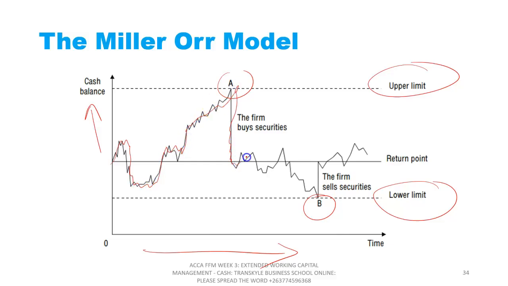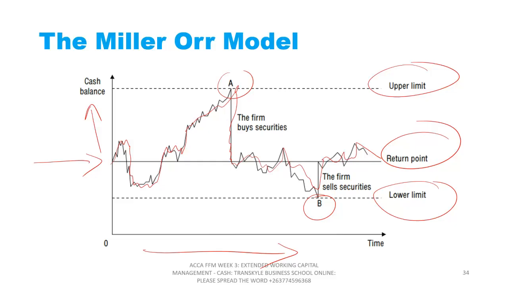These are the cash movements, right? And this is the normal point, the ideal point, or let me just say the return point. That's the level which we expect at any given time. Our cash balances should be within that range.